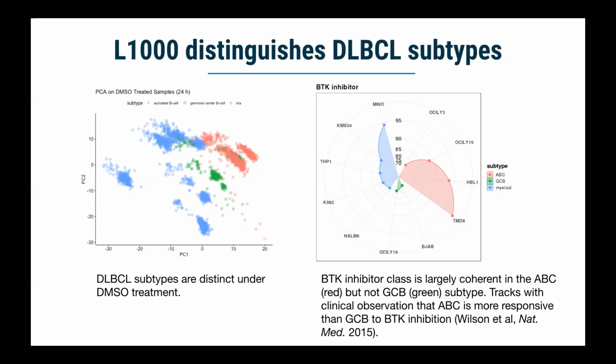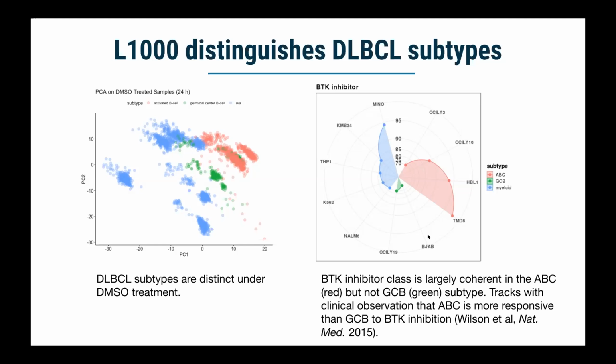Even there, we can see that at baseline, without any compound treatment, there are differences between the different DLBCL subtypes. If we look at the BTK inhibitor class, which I think has 11 compounds, this plot on the right shows the overall class coherence of those BTK inhibitors in each cell line. The further out from the origin you are, the more coherent the members of that class were in the given cell line.